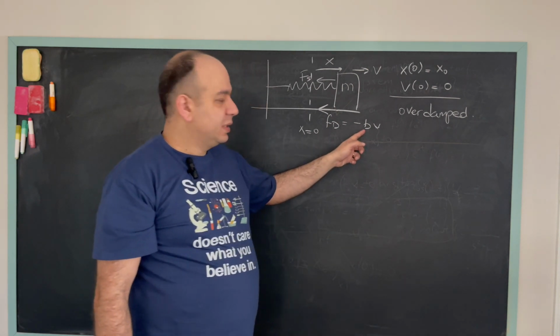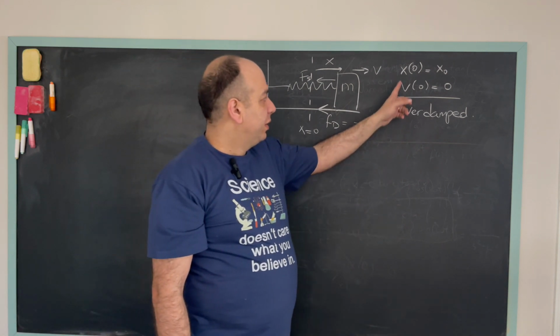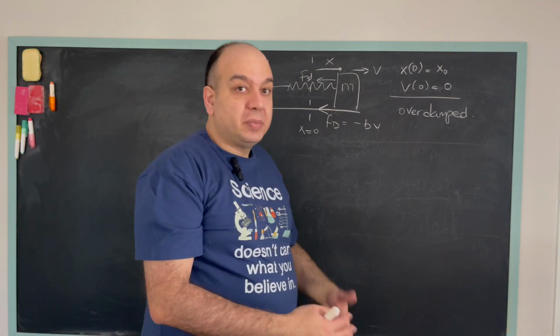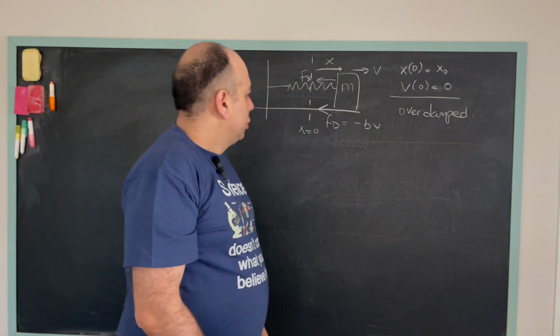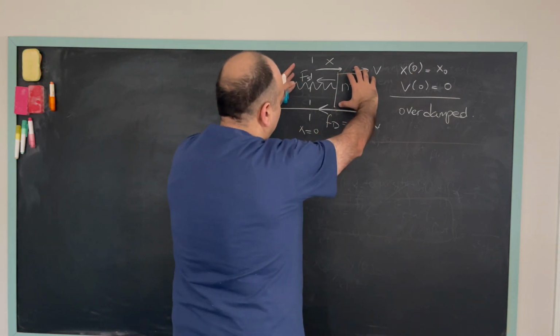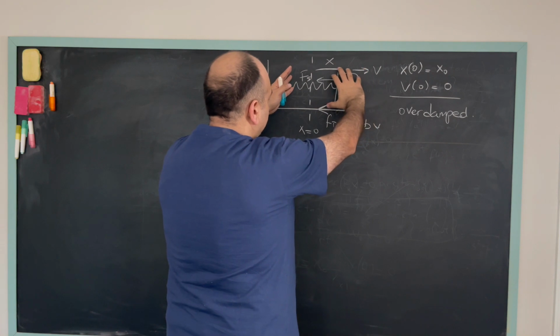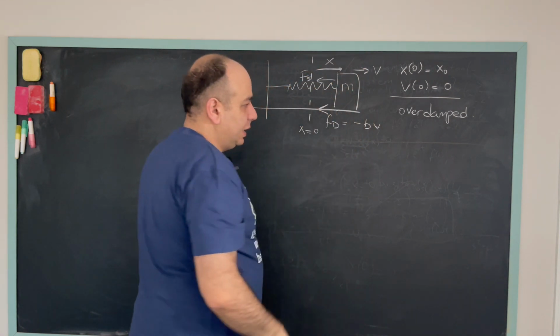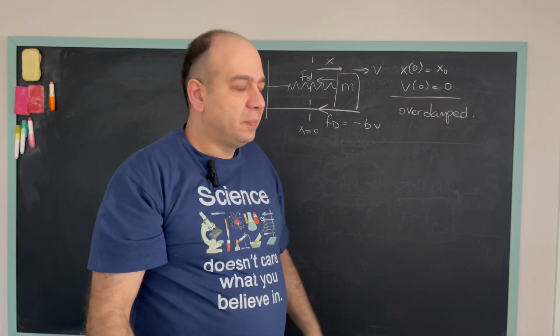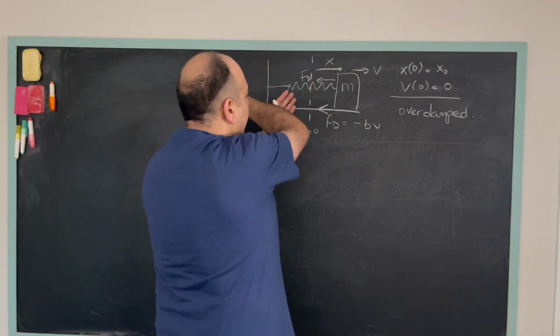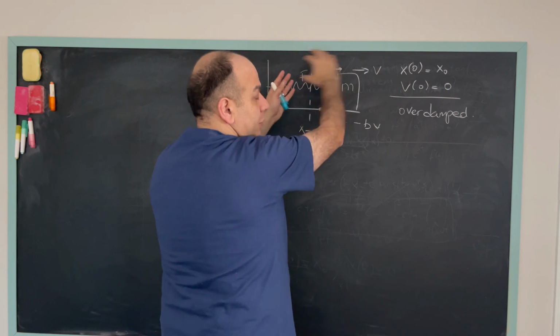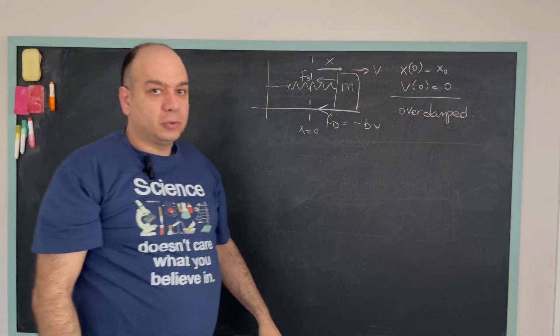The damping is going to be strong enough that there will be no sine or cosine functions in the solution. So when I let the system go, it's going to move to the left, and then it's going to stop somewhere. So we are not going to see any back and forth motion. This is important.